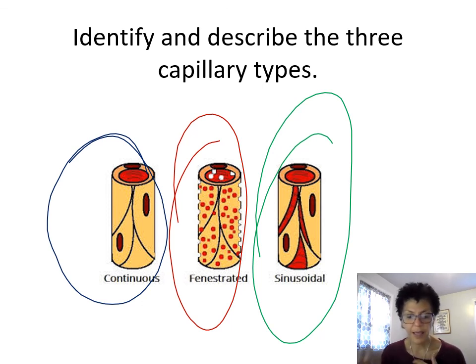So we'll find them more in the liver, bone marrow, and things like that, wherever you have to pass either proteins or cells across a membrane. So familiarize yourself with the 3 types of capillaries, examples of where you would find them, and the kind of molecules that cross over each.